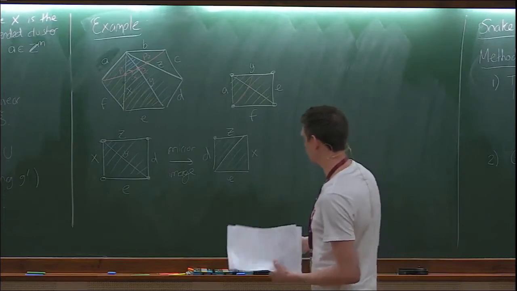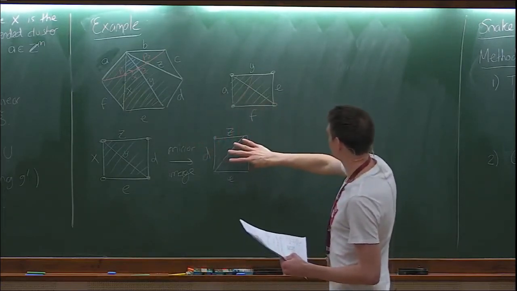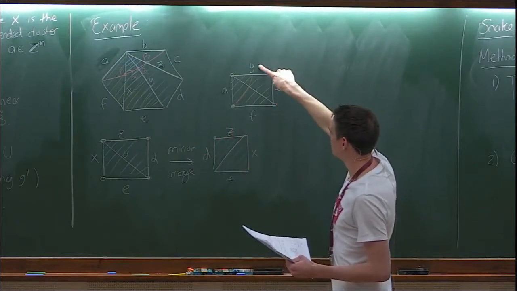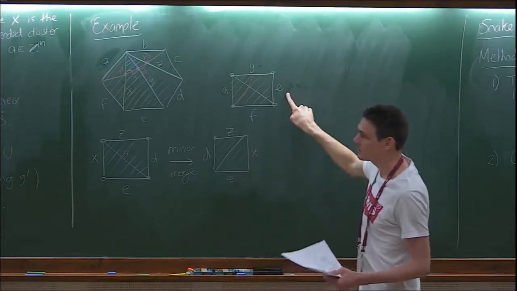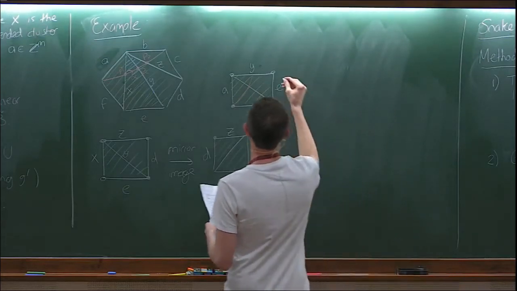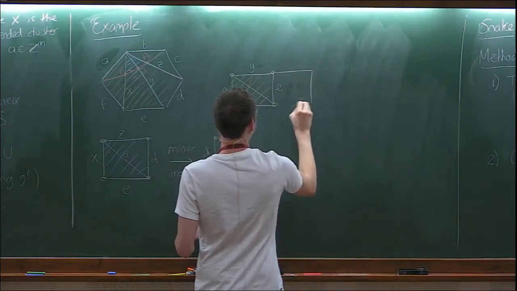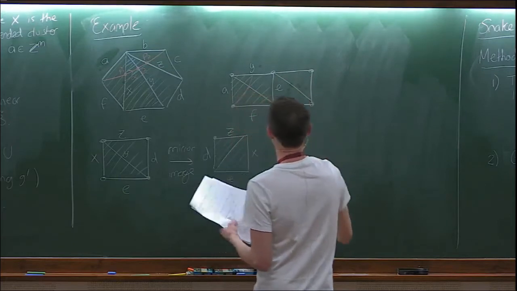Okay, and then we need to glue this picture to this picture on either the north or east, right? And so how can we do this? Well, this is E and this is E, so we need to glue them together, yes? This is the picture we have.